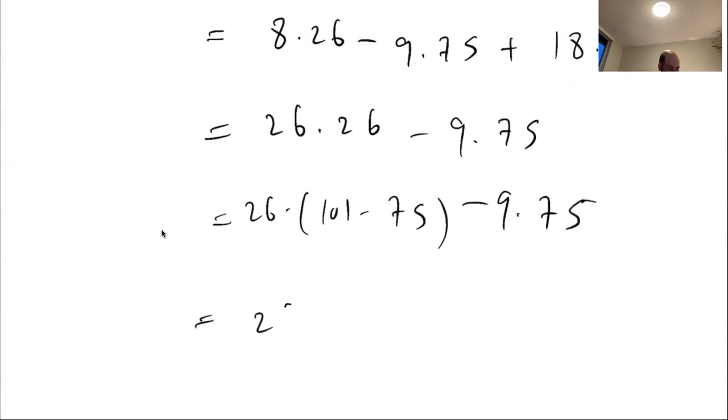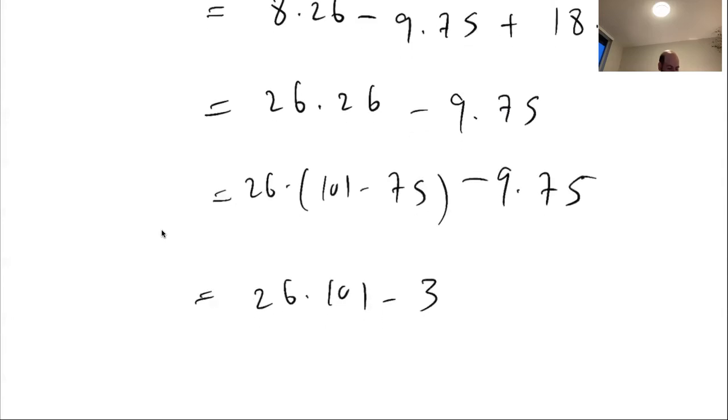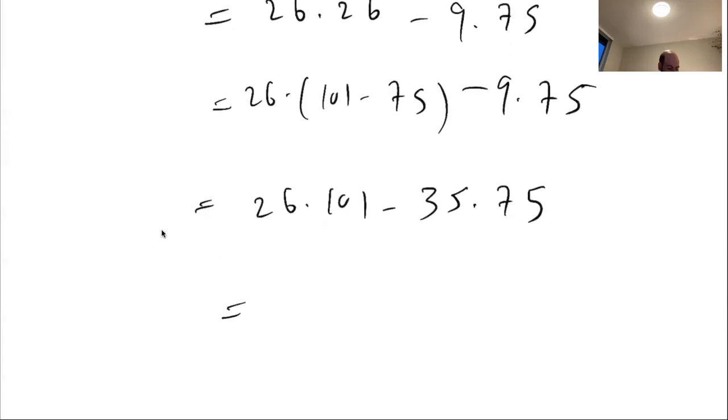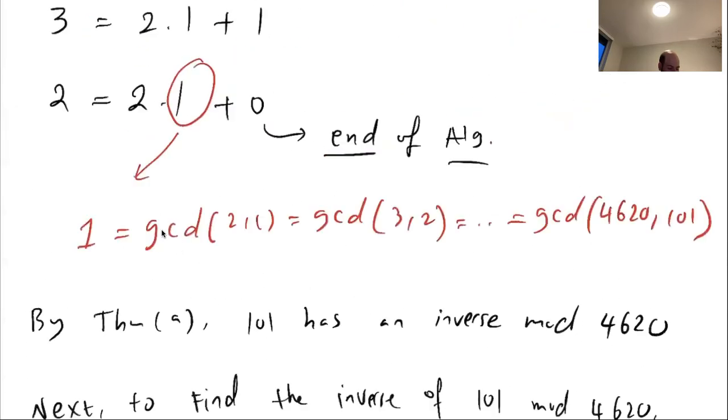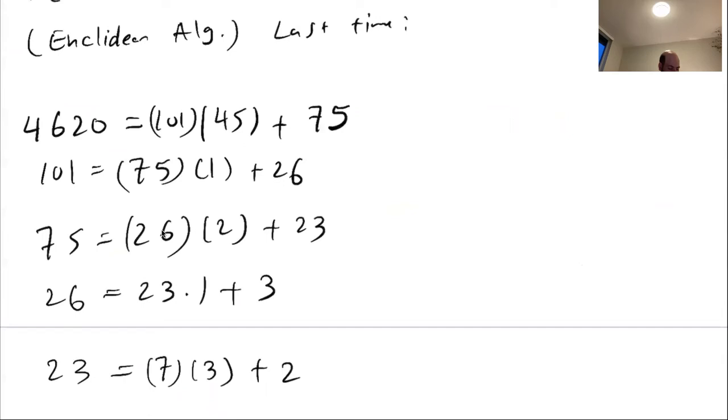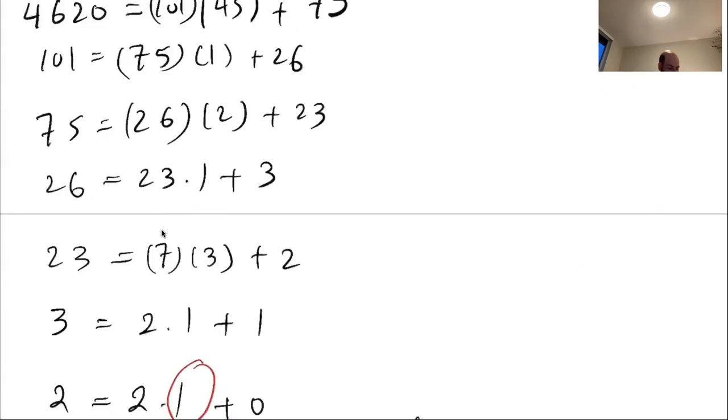So this is 26 times 101 minus 26 times 75, and 9 times 75 is 35 times 75. And then last step, 75 could be written as 4,620 minus 101 times 45.